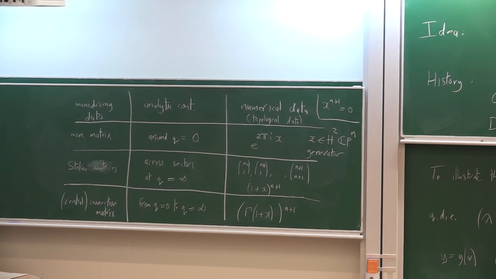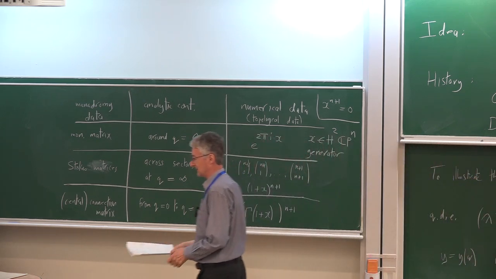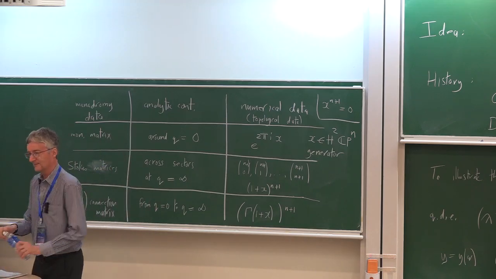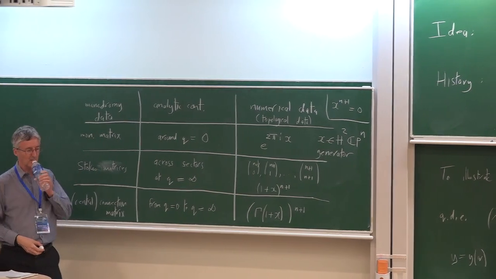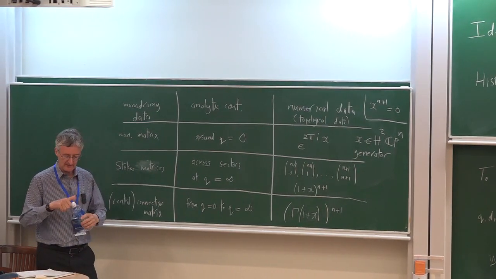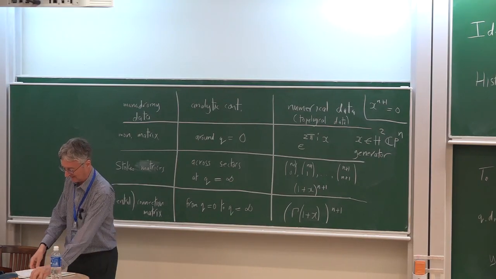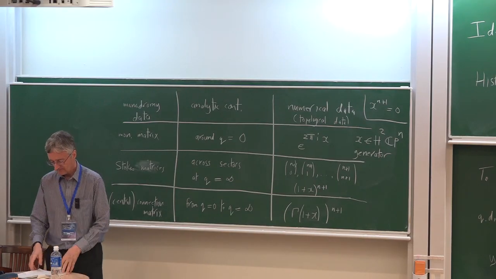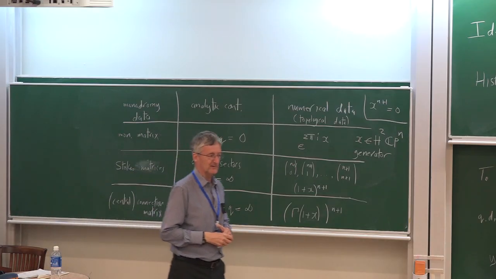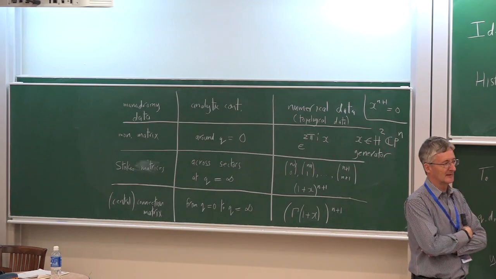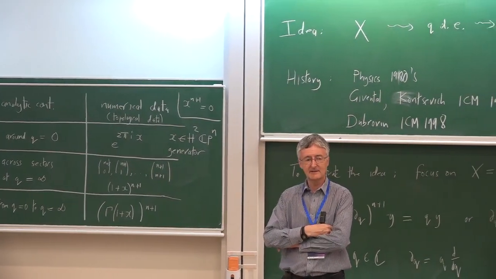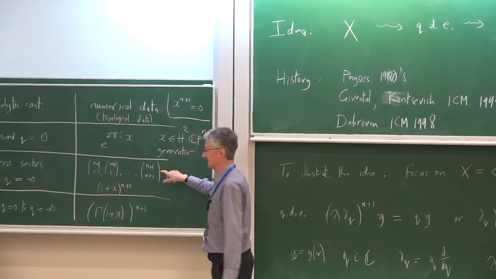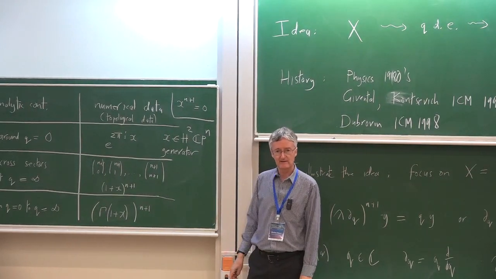Now, if you know something about differential equations, you might be a bit surprised by how simple these formulas are, because usually this kind of data is very complicated. Well, monodromy may be relatively easy, but Stokes matrices are usually very complicated things, and the entries of the matrices are usually not integers. But in this case, they're all integers. They're binomial coefficients. So that's curious, right?